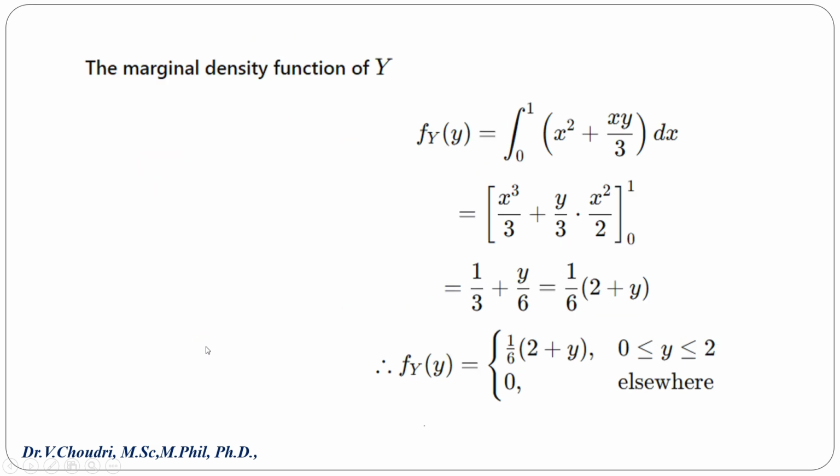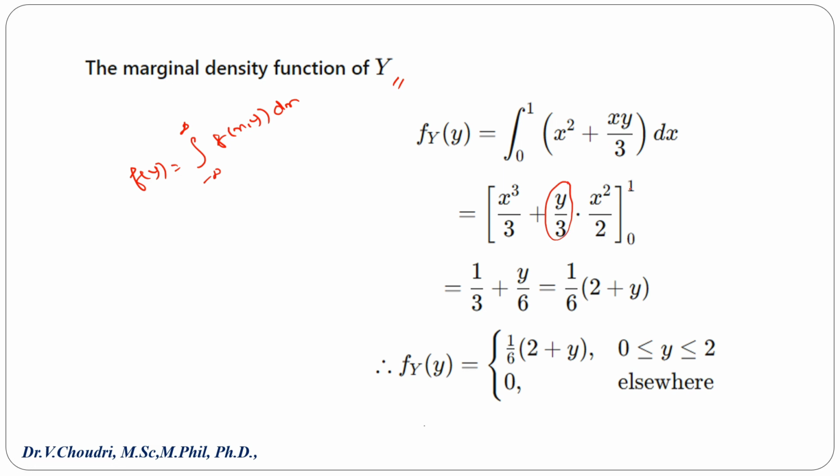Next, the marginal density function of y. What is the formula? f of y equals integral from minus infinity to infinity of f of x comma y with dx. The function of y means integral over x. Now here very simple, x square integration is x cube by 3, plus y by 3 is the constant, so integration of x is x square by 2.